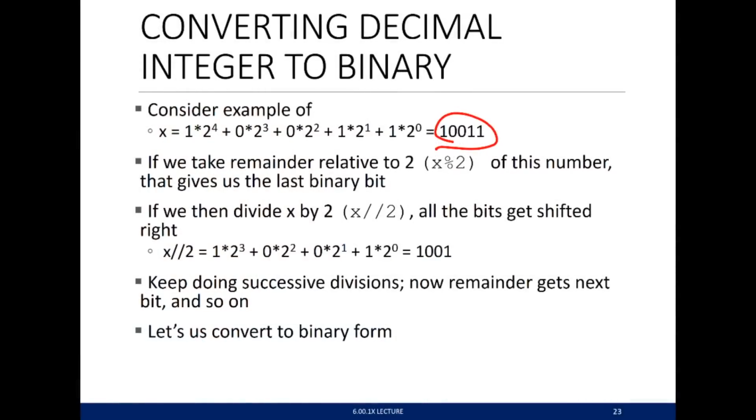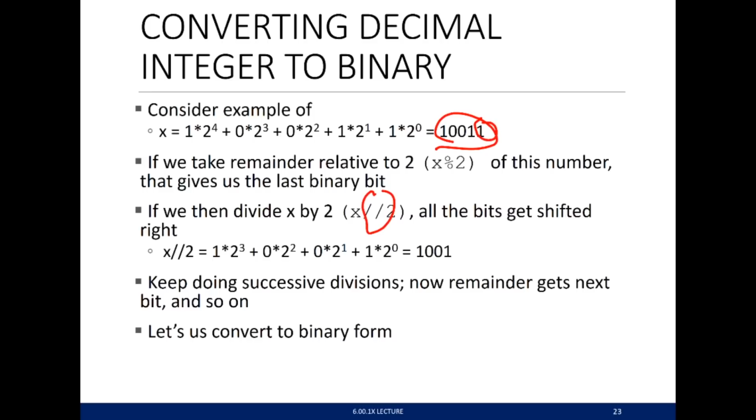I can take the remainder of that number relative to 2, and that remainder actually gives me the last binary bit. It'll give me this bit right here, because that's the remainder that's left when I divide by 2. If I then take x and divide it by 2, integer-wise, using that double slash idea, all of the bits get shifted right.